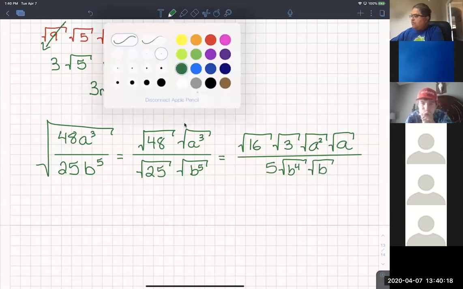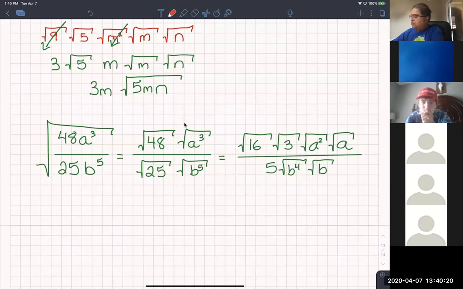So what comes out of the radical? On the top, the 16 becomes a 4. What else? The a squared on top will become a.